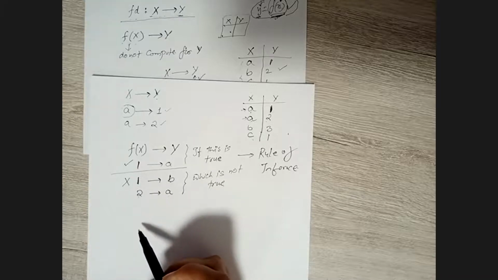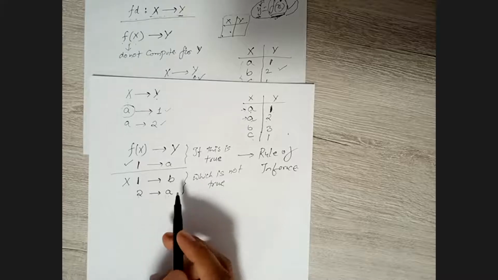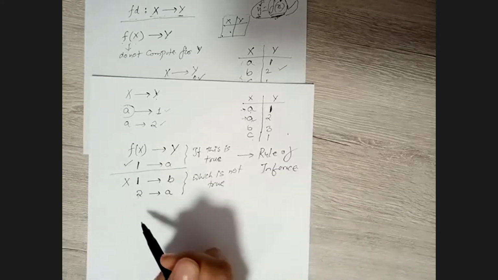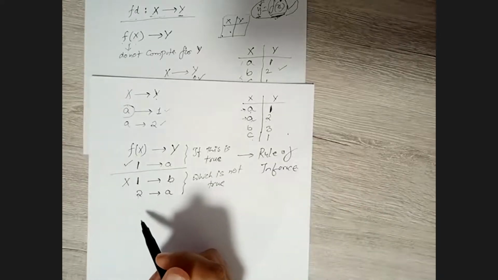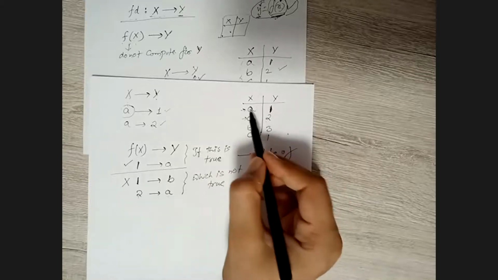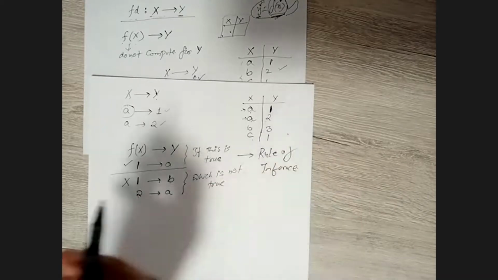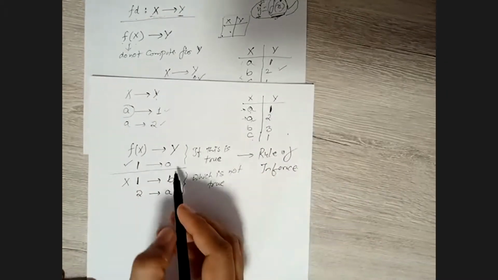So by looking at the table, we can say that on giving the value of x equals 1, for example, if I say x equals 1 or y equals 1, you can assume in any way, we can have a value. But not be at the same point of time, that's what I'm saying over here.